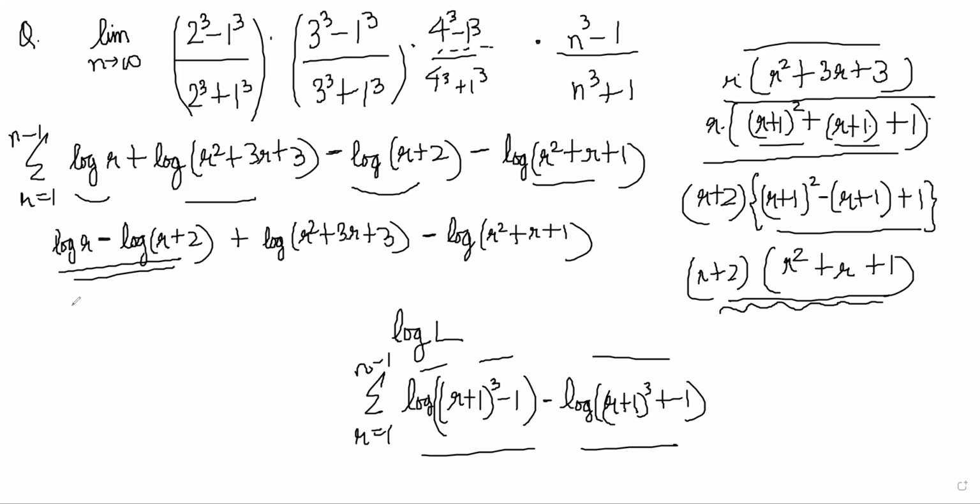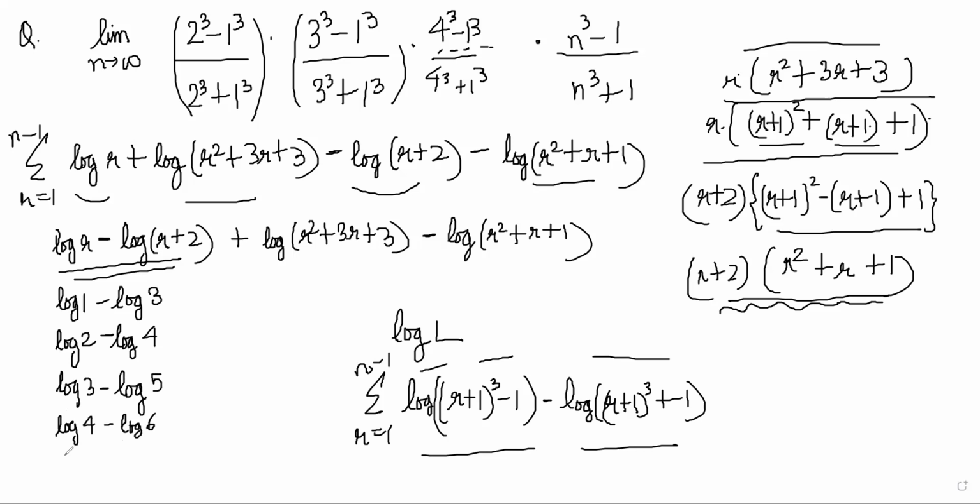1 to n minus 1. So this is what? Log 1 minus log 3. And the next term is log 2 minus log 4. Next term is log 3 minus log what? 5. Next term is log 4 minus log 6, right? And the last terms will be, let's take at least the last three terms. Third last term will be log, I'll put n minus 3.